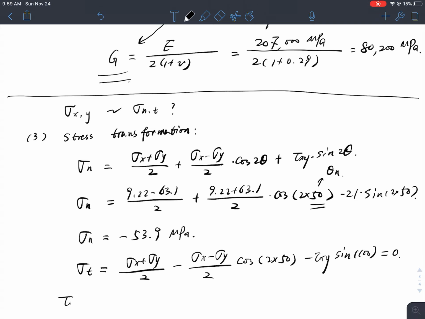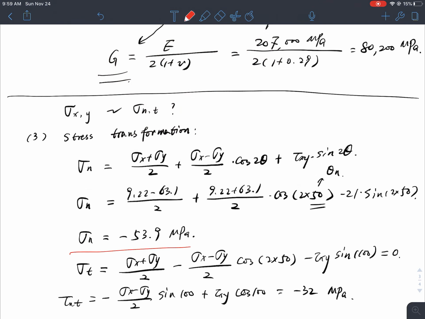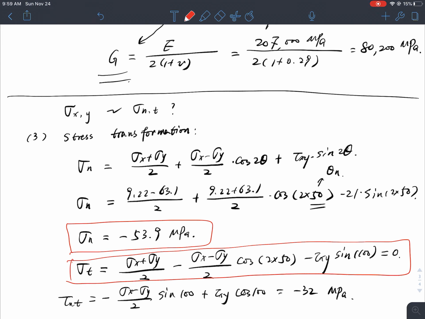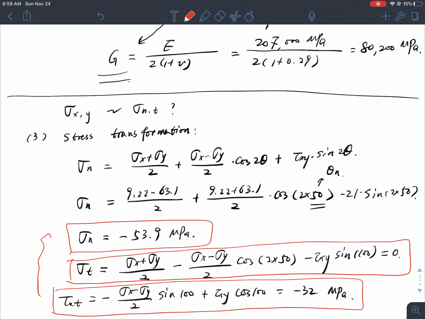Now tau nt, the shear stress, equals minus sigma x minus sigma y divided by 2 times sine 2 theta, so sine 100, plus tau xy cosine 100, and this gives me minus 32 megapascal. Pretty straightforward. I have my n, I have my t, I have my nt. So problem solved.